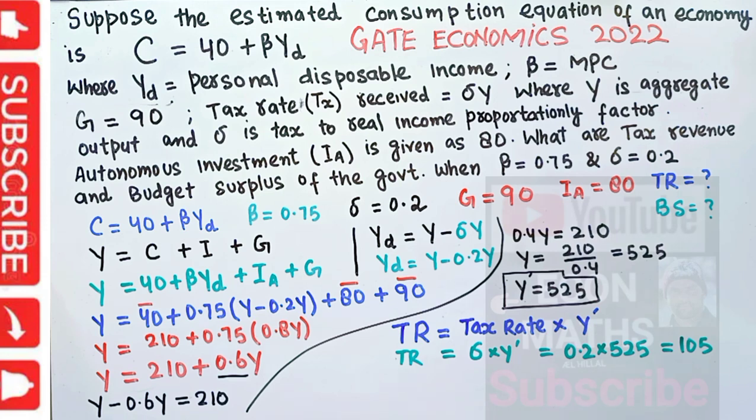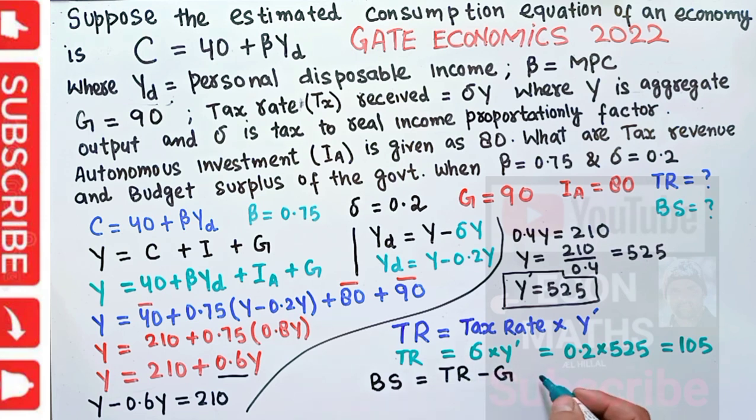Next thing is we need to find out the budget surplus. And what is budget surplus? When we subtract government expenditure from tax revenue, we get the budget surplus. If it comes out to be negative, then we will have a budget deficit.